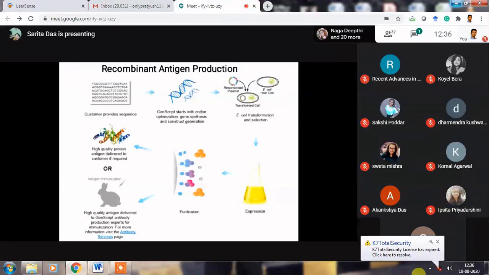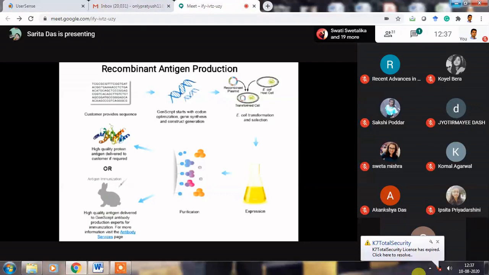Next, how are recombinant proteins generated? If it is an antigen, then how will it be produced? First of all, to make any recombinant antigen, we need to know the sequence.